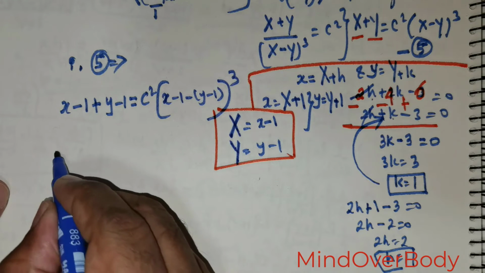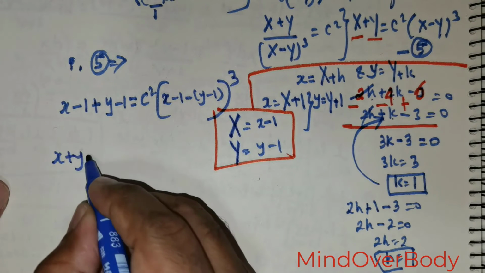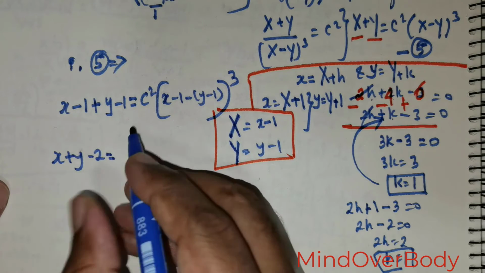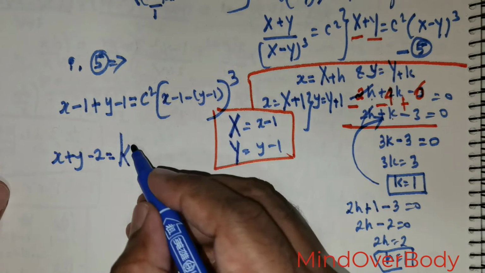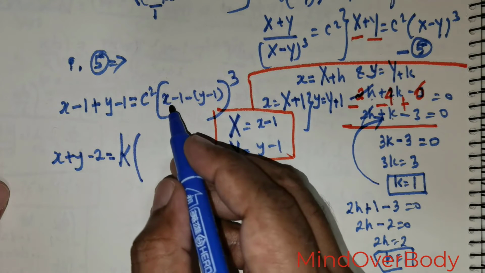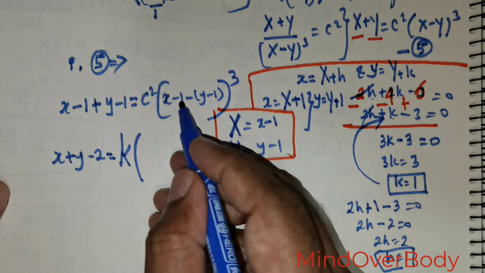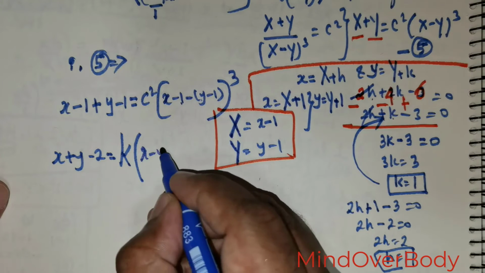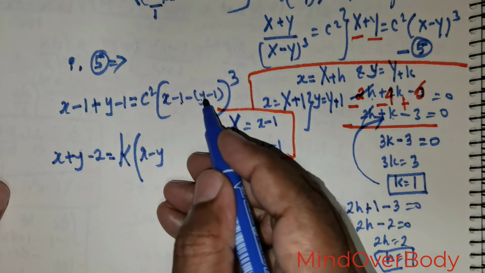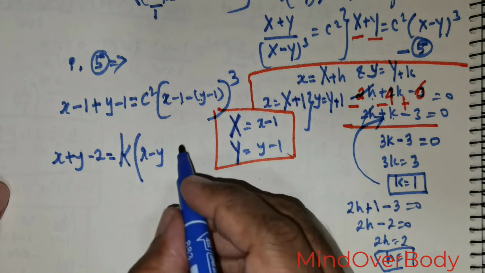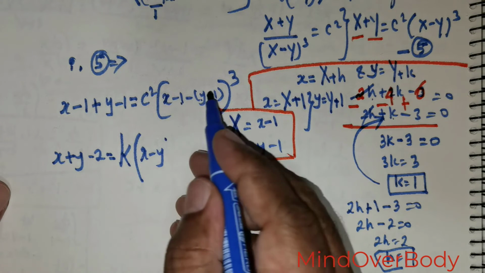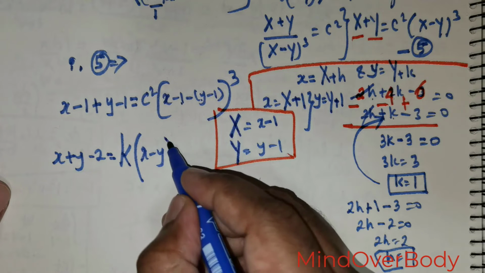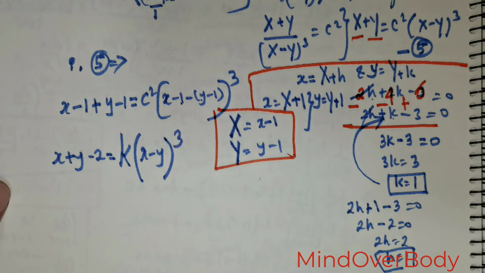So I can rewrite this as X + Y - 2 is equal to C squared. I can substitute some K, and this one is going to be X minus 1 minus Y, and negative 1 with positive 1, it will get vanished, right? Because this is negative 1 and this is going to be positive 1, so this is going to be raised to the power of 3.